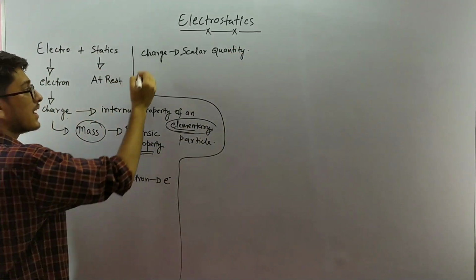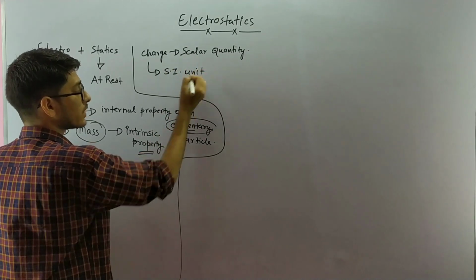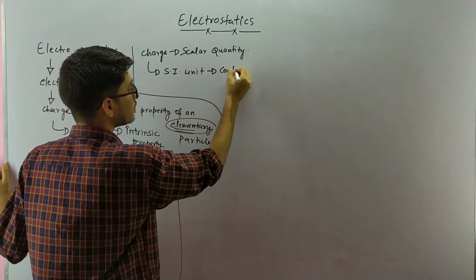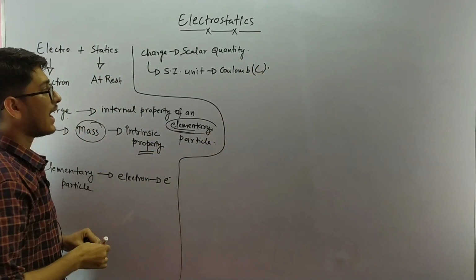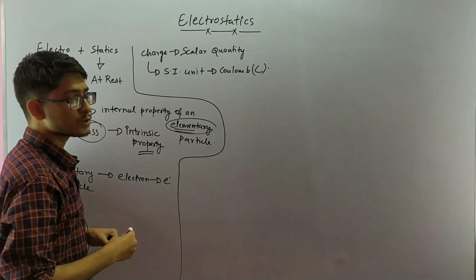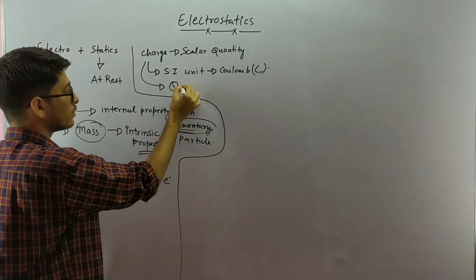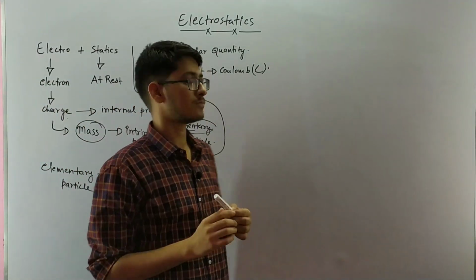Charge has an SI unit. Since all physical quantities have SI units, it has the SI unit coulomb, which is denoted by a capital C, and the symbol used to signify charge is Q.